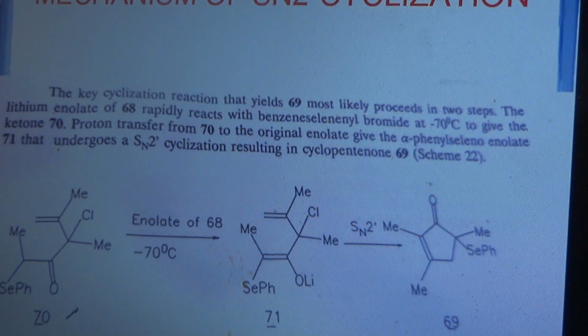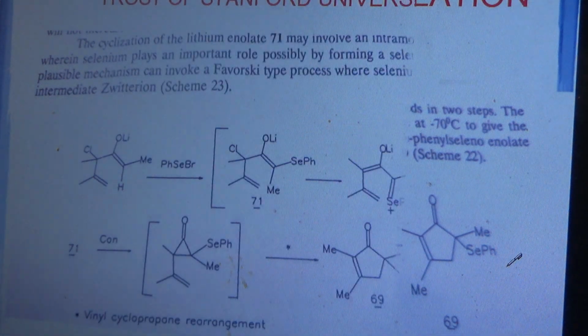As you can see in the mechanism that I am showing here, in the first case, in the simple enolate reaction, the enolate is formed first. And this enolate reacts with the allylic system in an SN2 prime. It attacks here to give the cyclopentenone with selenium. And this happens at very low temperatures. A very facile reaction.